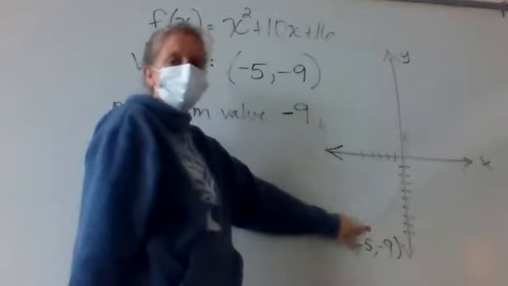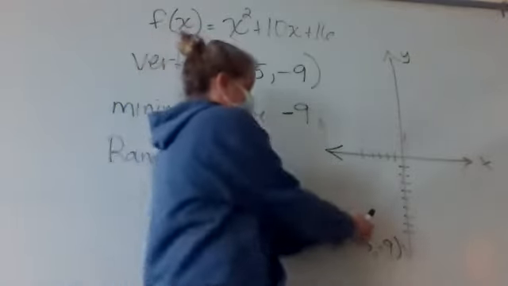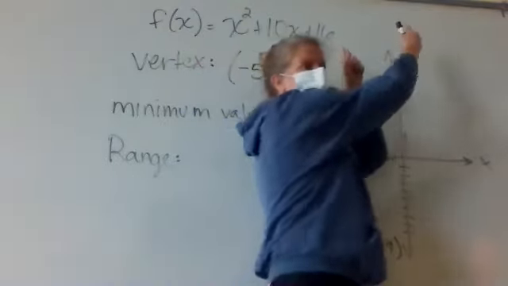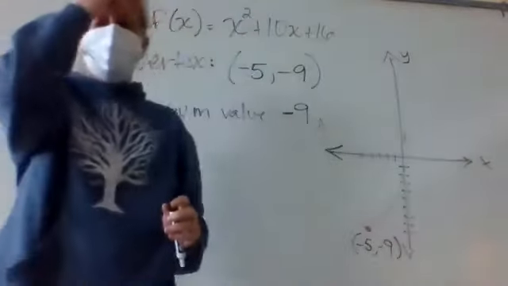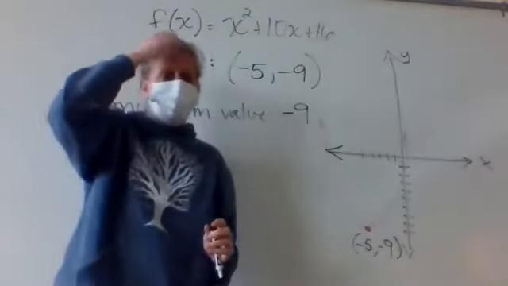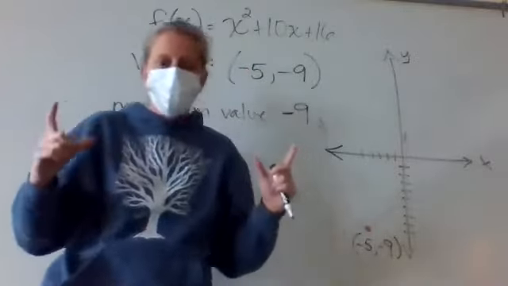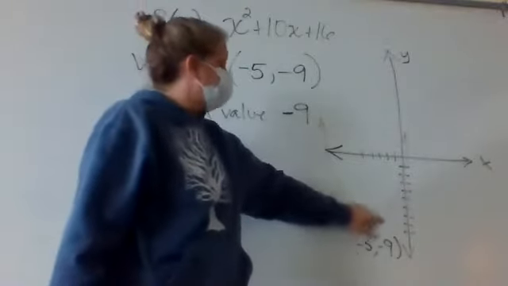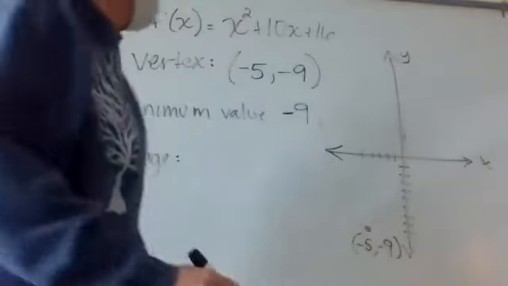What do the y values do on both sides of that vertex? They both, from this -9, go up, and they go up for how long? Forever. So I want to say my range, because I have to put it in interval notation, which has the parentheses and brackets and infinities and all that, is from -9 and then up forever. So from -9 to infinity.